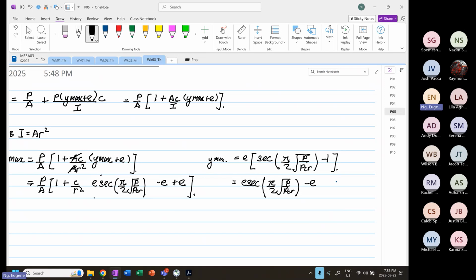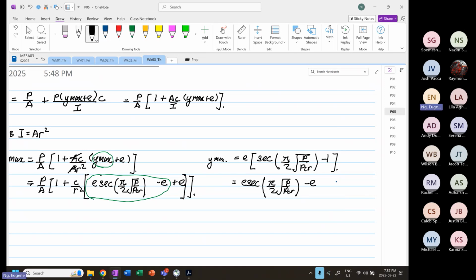Okay, so this expression over here is equal to this expression over here. And then I think I might need a big bracket over here because C over R squared is on the outside. Yeah, that's it.